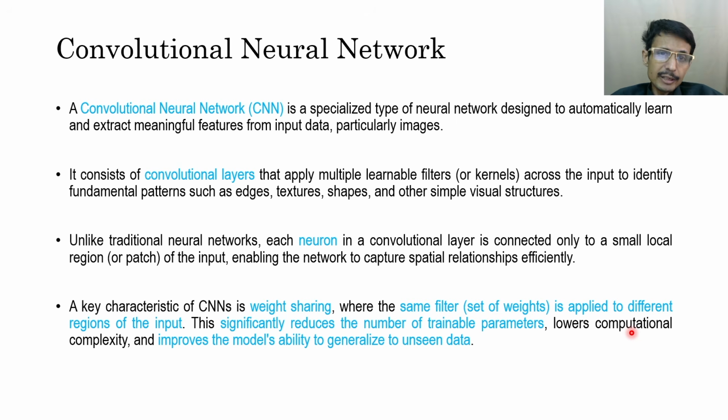So these are some very important features of a convolutional neural network. It is our first step towards the deep neural network.